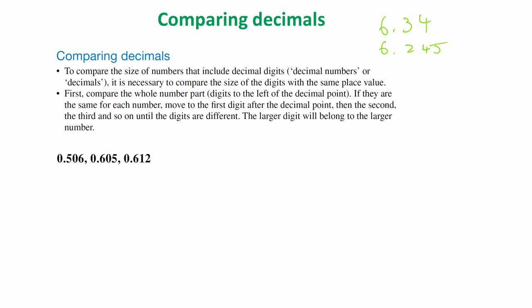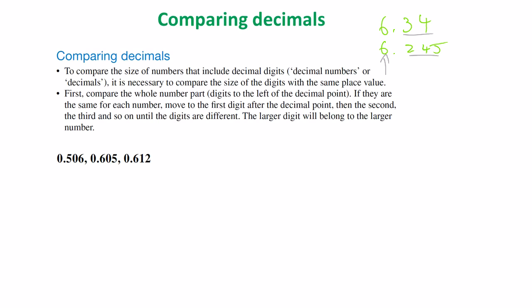In this case, what we find is that they're the same. Then we've got the decimal, so now we're looking to the right of the decimal. Something to keep in mind here: this has 3 numbers, this has 2. Let's see if that makes a difference.